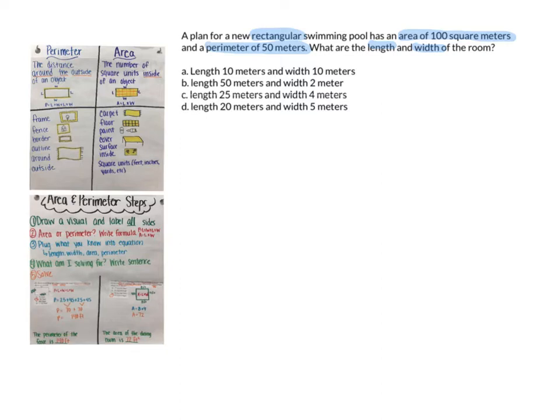Let's go ahead and draw our swimming pool. So I'm going to draw a rectangle. My final question asks me for the length and the width, so I don't know either of those yet. I'm just going to label length and width. These are our variables.